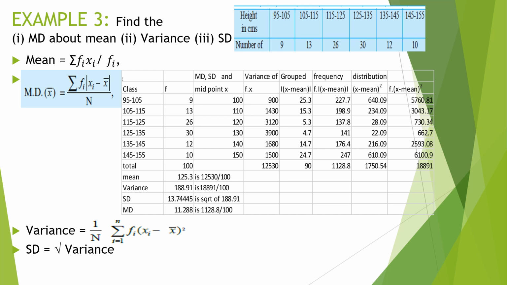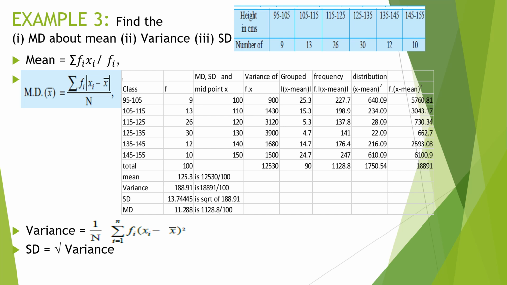After that you find fi into the corresponding xi. So for the first class, 9 into 100, 900, and so on. For the mean, it is the summation of these fi xi values, which is 12530, upon the total frequency, which is 100. So the mean is 125.3.